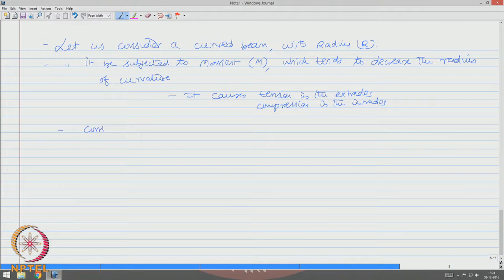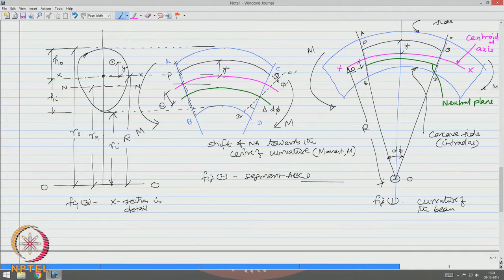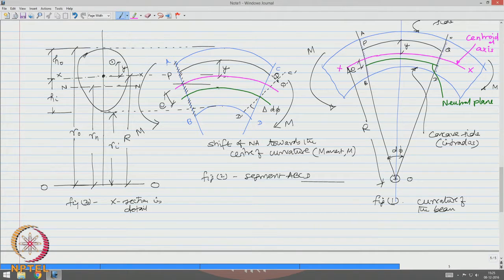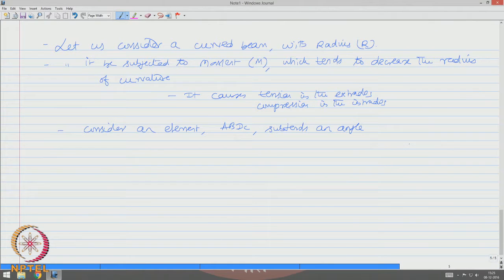So, then let us consider an element ABDC, which subtends an angle d phi. You can see the angle d phi at the center.